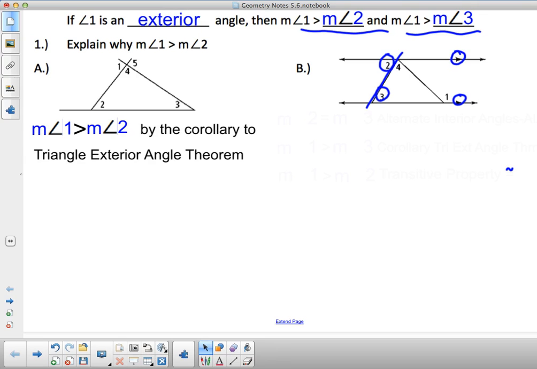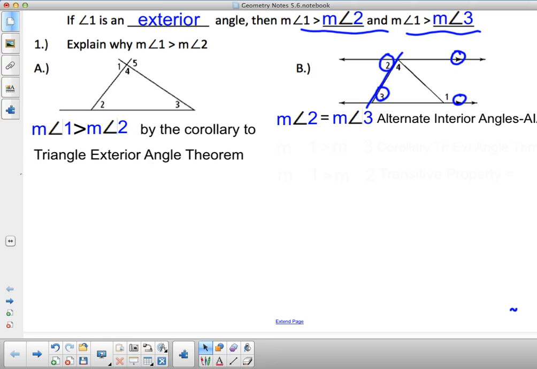So here's what I know about this. They're asking, how do you know that the measure of angle 1 is greater than the measure of angle 2? How do I know? Well, 2 and 3 are congruent, or equal, I should say, because of alternate interior angles, AIA.